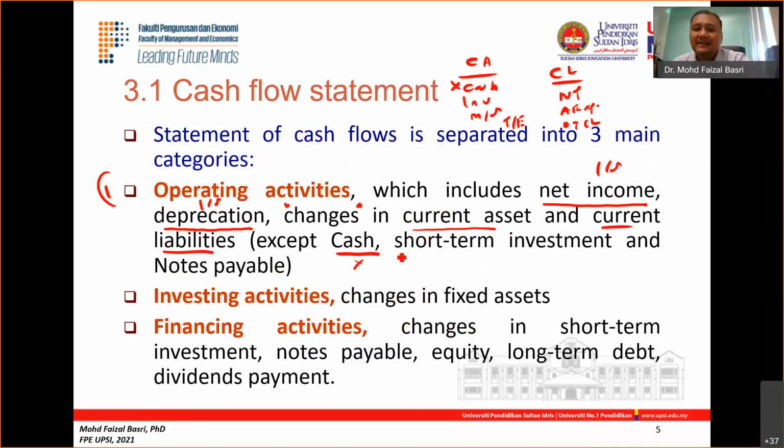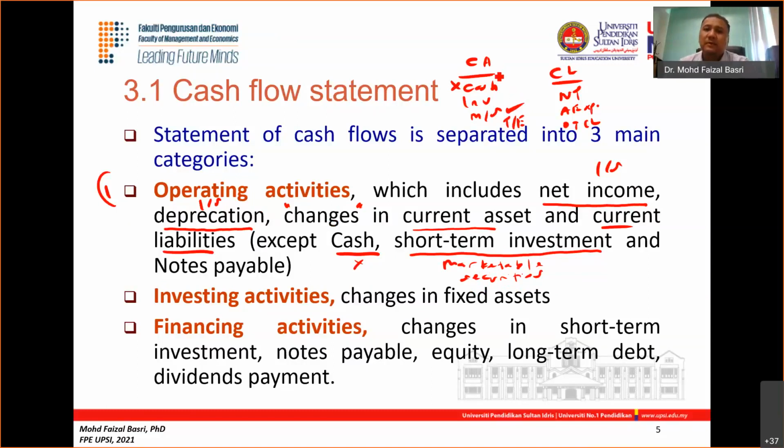Right. The second item excluded from the operating activities will be the short-term investment. Short-term investment is also usually known as marketable securities. So these marketable securities will not be part of operating activities. So where can you find this? This is this one, still under current assets.